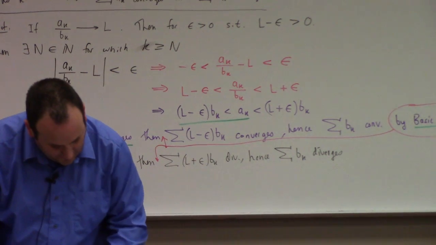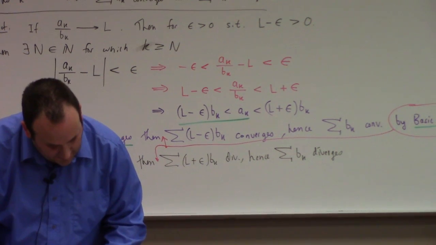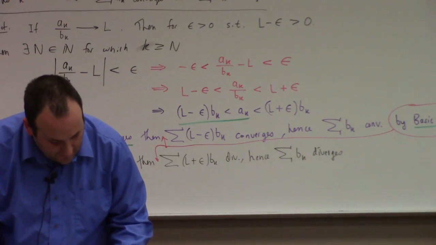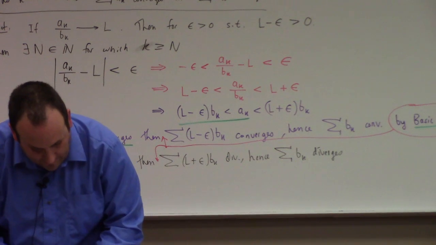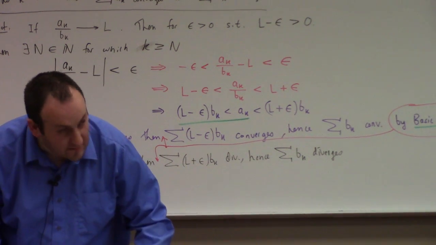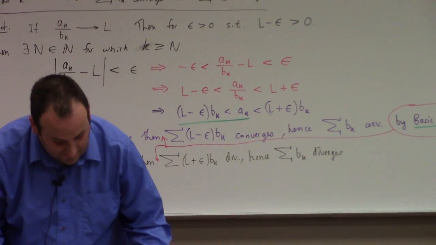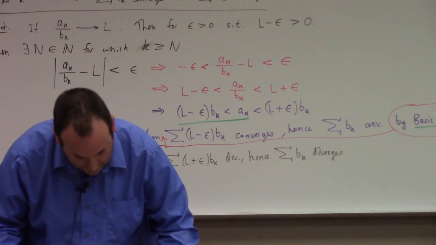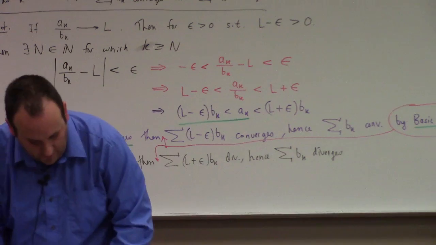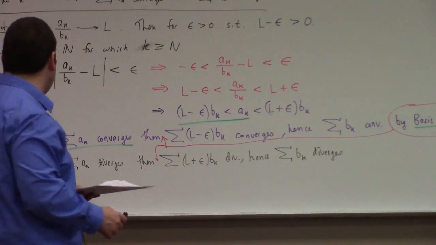So I did an example yesterday on how to use this, and I'll do some more in the future. In the meantime, you can look at examples 7, 8, and 9 in section 12.3 for additional insight in how to use the limit comparison test to study specific problems. I'm going to go over to the integral test now, since we need to talk about that.